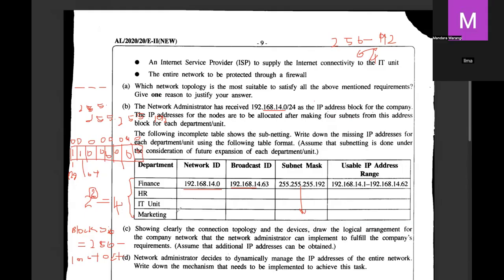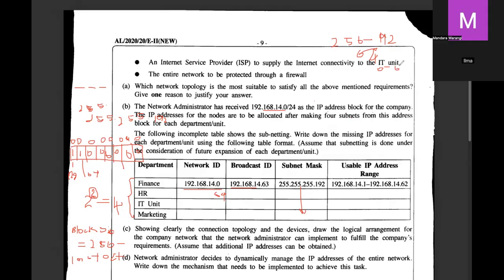So what is the next network address? It's 64 here. The block size means from 0 to 63 there are 64 addresses. We are not calculating from 1, we are calculating from 0.